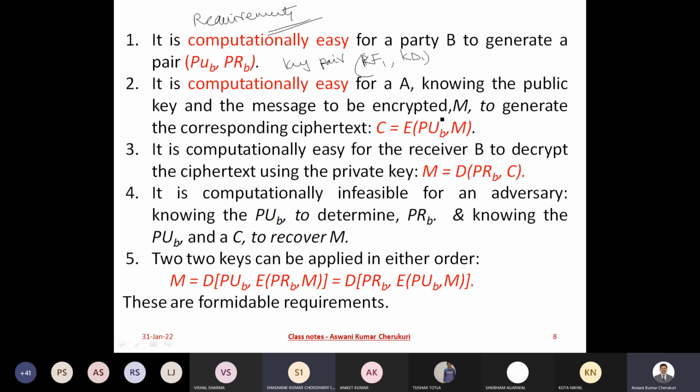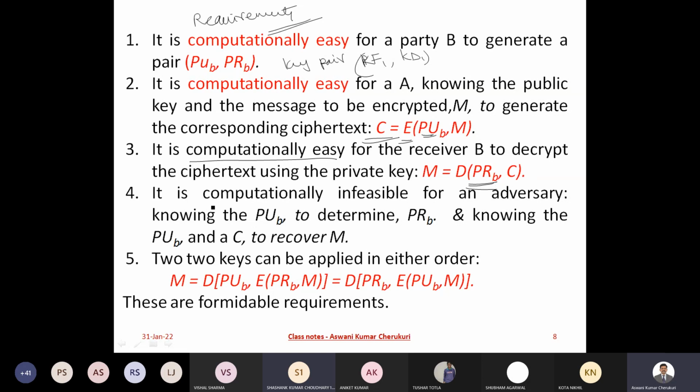Similarly, it is computationally easy for any node knowing the public key of the other node, that means the receiver's node, for the sender node to generate the ciphertext. That means encryption is possible with the help of one of the keys. Similarly, decryption is possible, and when I say possible, remember, computationally easy, at the receiver side with the help of the other key in the pair, that means the private key.